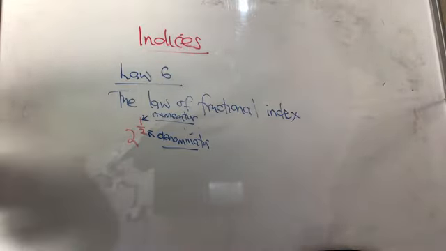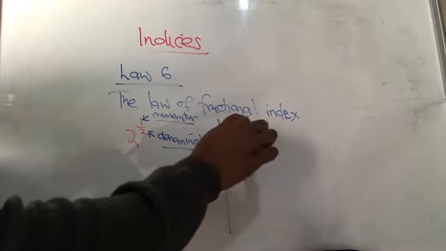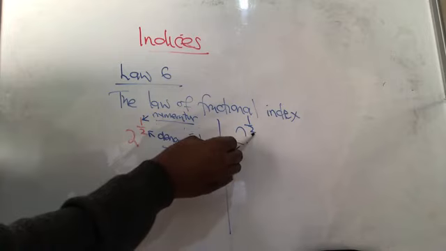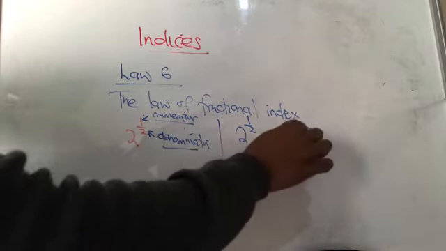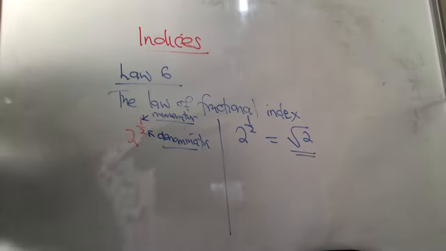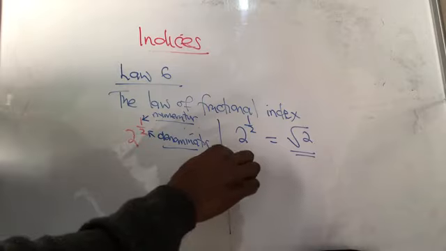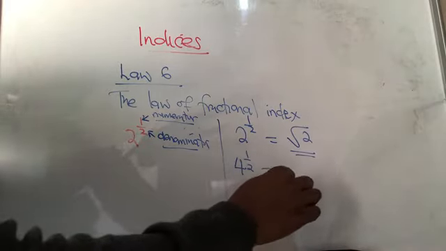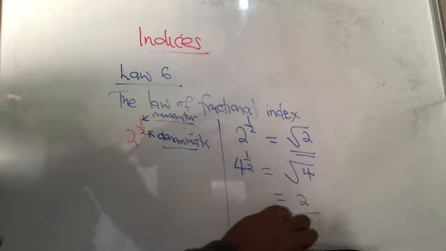So according to this, we look at the base, which is 2, and we look at the power, and say this is the same as the square root of 2. Meaning that if I was given 4 raised to the power of half, the answer was going to give us the root of 4, which equals 2.